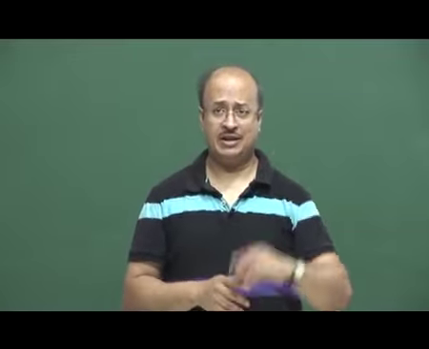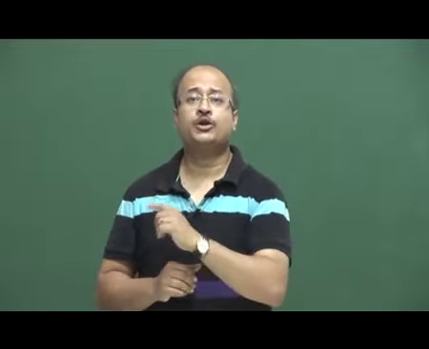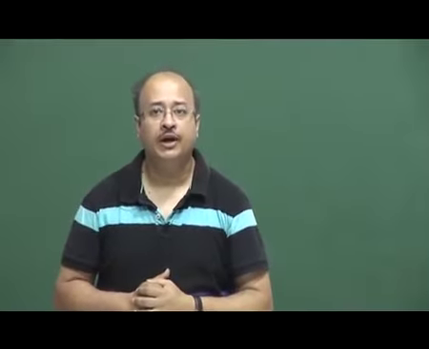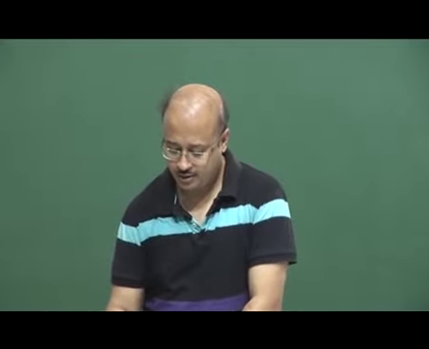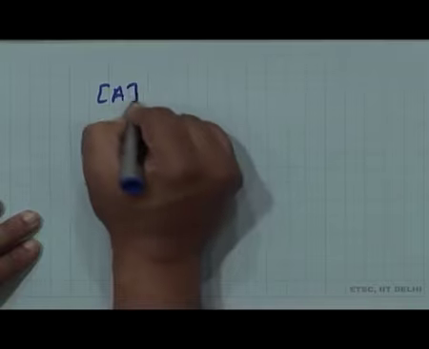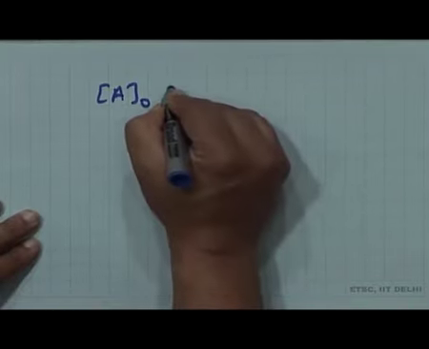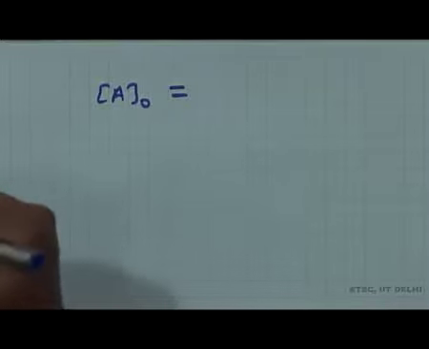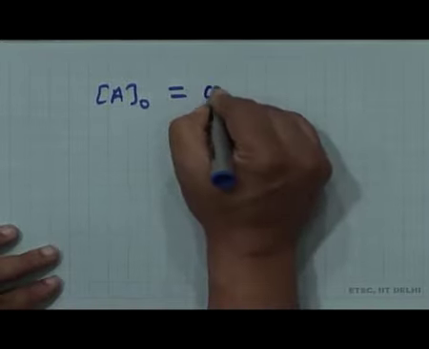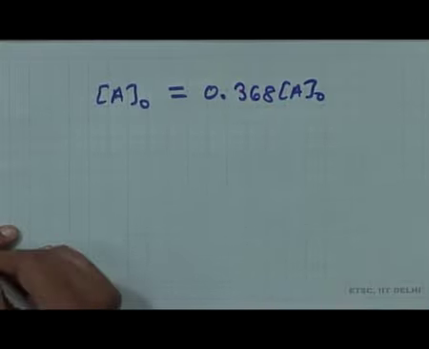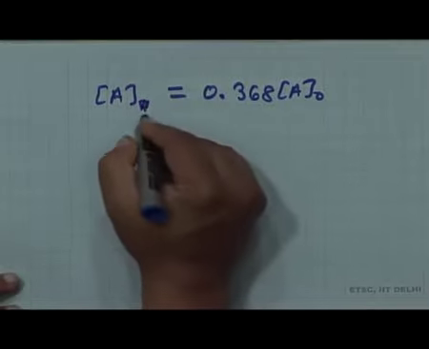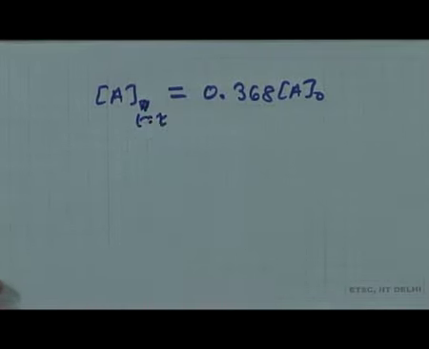So, relaxation time is the time it takes to reach a concentration which is 1 by e of its original value, and if you remember the value of e, then 1 by e is 0.368, so A is equal to 0.368 A naught at time t equal to tau.